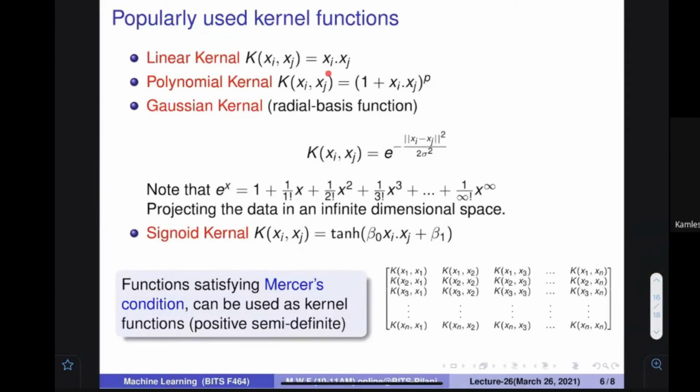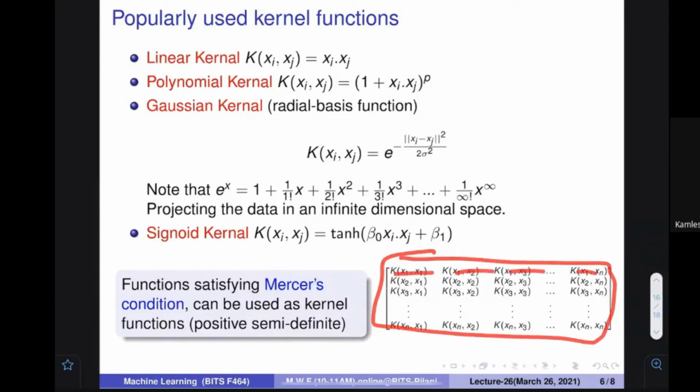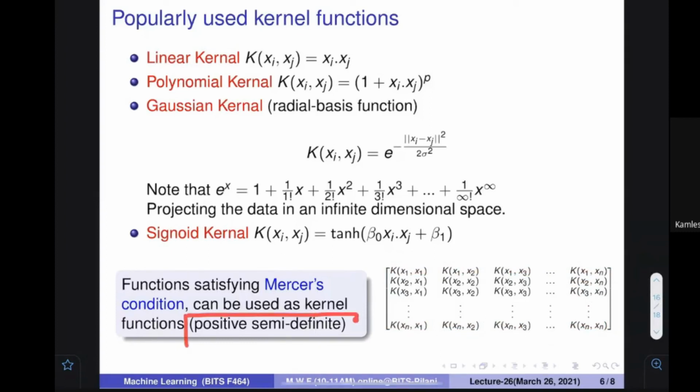And they actually make sense when this kind of function satisfies a condition that is called Mercer's condition. And this is nothing more than this: for all pairs of the data items, you create this matrix, and this matrix should be positive semi-definite.